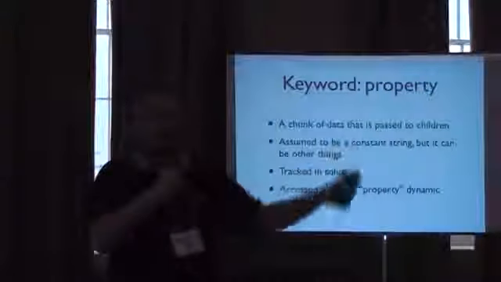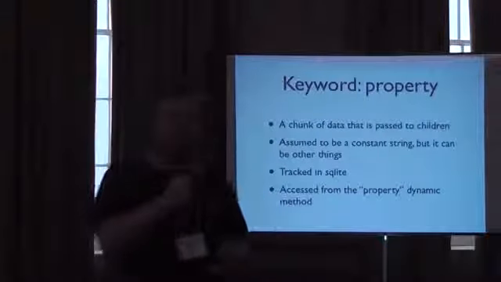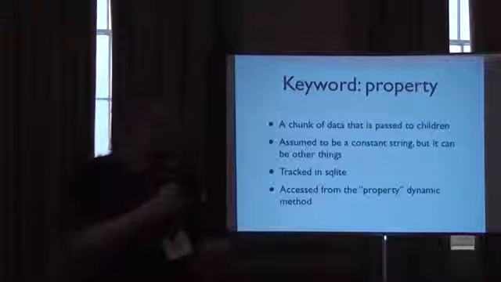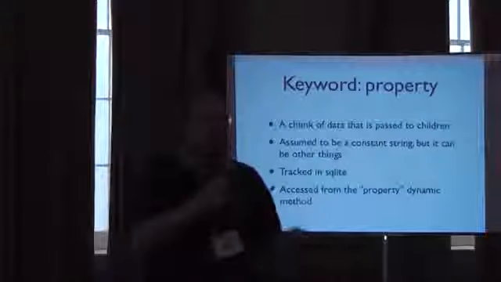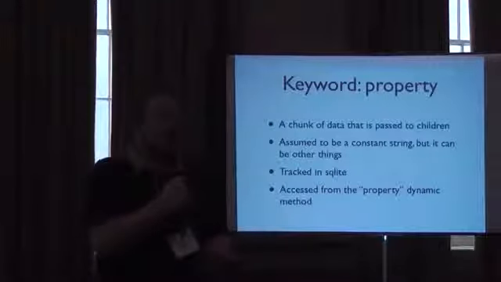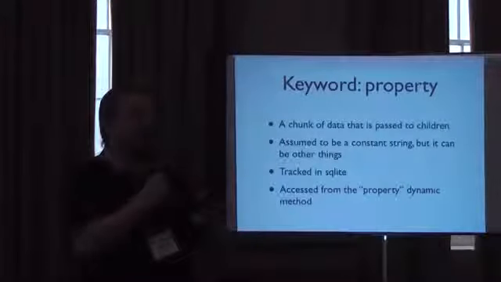I won't go into it in the presentation, but I do go into it in the paper. I track them in SQLite, and what I do is I assemble them all together at the end. And I provide several methods that allow you to introspect into these properties, either from the class itself, or once you've instantiated it as an object, there's an identical property method which gives you even more properties.